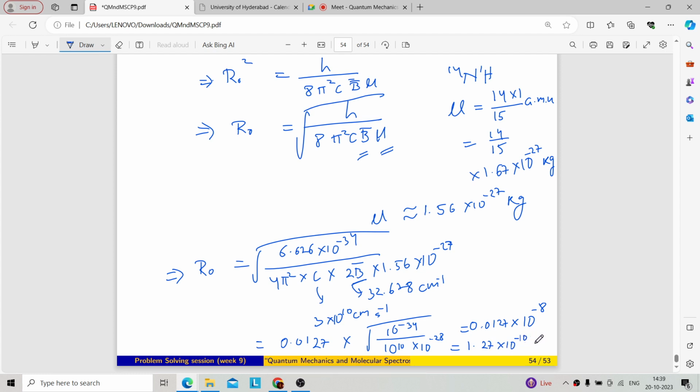So this was in terms of centimeter. Now if I convert it to meter, this R naught will be equal to 1.27 times 10 to the power minus 12 meter, or 1.27 picometer.